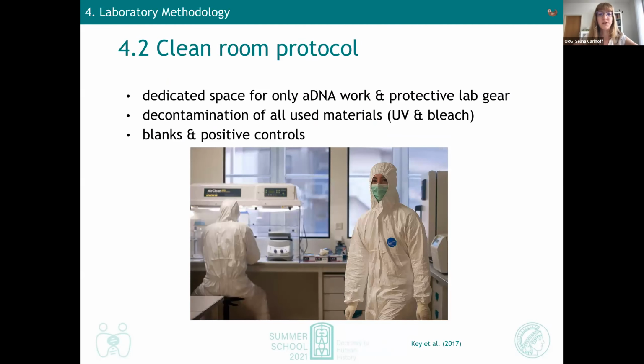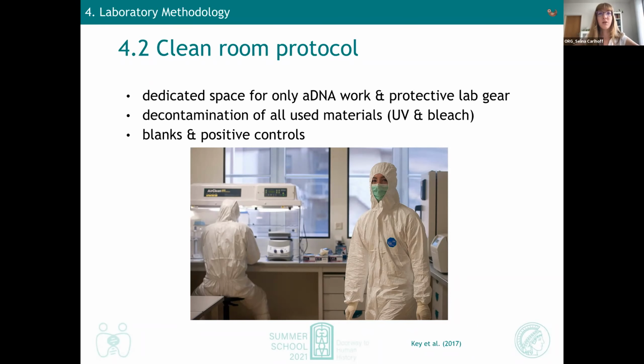So once we've selected a suitable sample for ancient DNA study, these samples usually come with us into so-called clean rooms. And these are dedicated spaces where usually only ancient DNA work is done, just to reduce the potential contamination that James talked about.